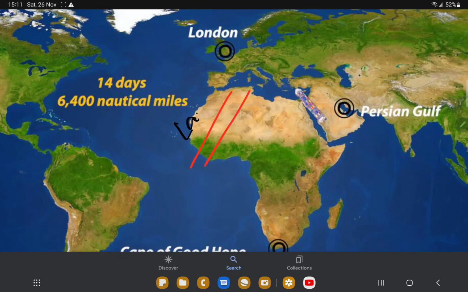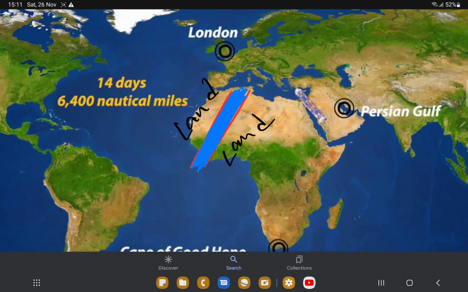Here land will be there, here also land will be there, and in between, all water will be there. A canal is nothing but a stream of water. It's a water body of a kind.